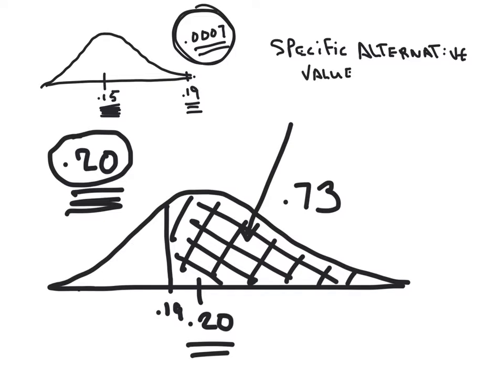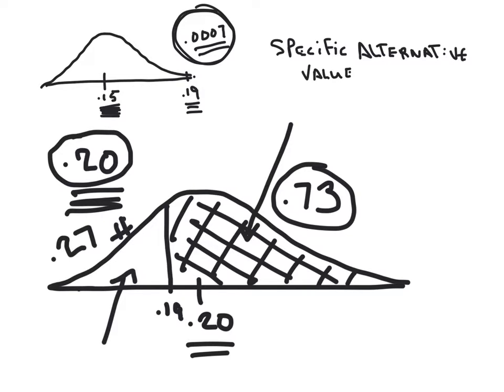20%. Now, what's the probability that you make a type 2 error? That is, that you fail to reject the null hypothesis. Well, you take the rest of it, right? 0.73 away from 1, and you get 0.27. That's the probability of a type 2 error.